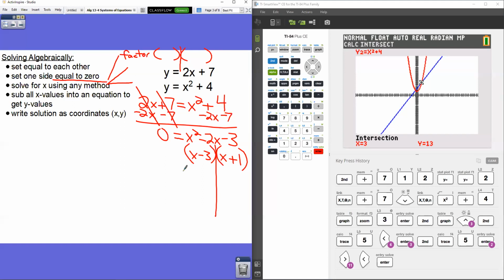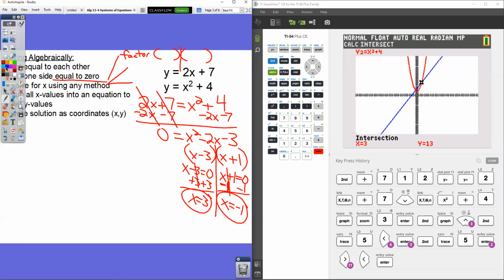So I would do x minus 3 equals 0, x plus 1 equals 0. Solve for x, so +3 plus 3, minus 1 minus 1. Those cancel out, those cancel out. I get x equals 3, and I get x equals -1. That's one way that I could do it.